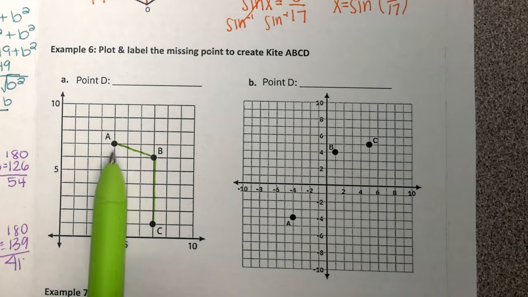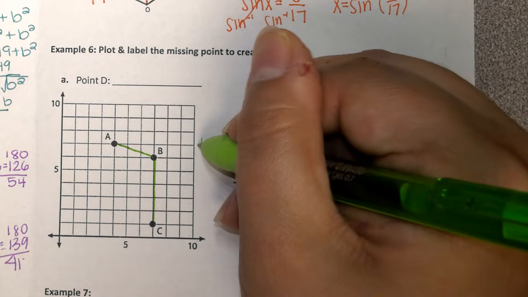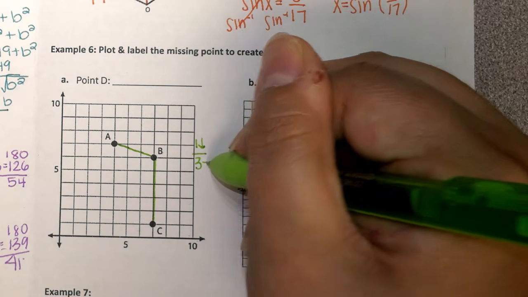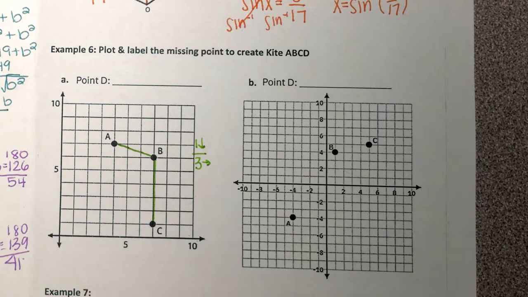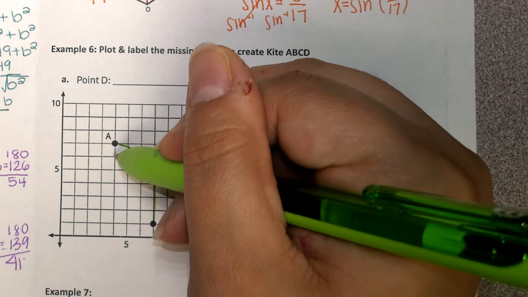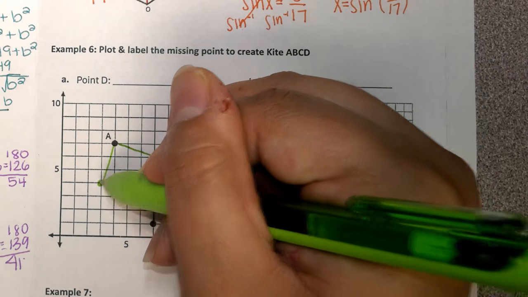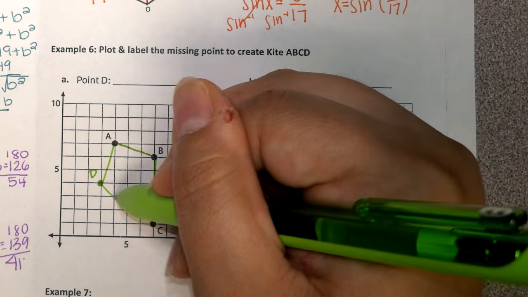Yeah, find the slope of AB. Do y'all agree it goes down 1, right 3? And what am I going to do to find the slope for D? Yeah, switch it and go the opposite direction. Go down 3, left 1. And that is where point D is.